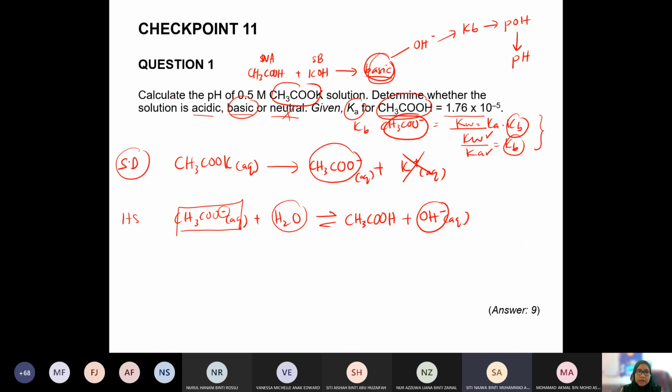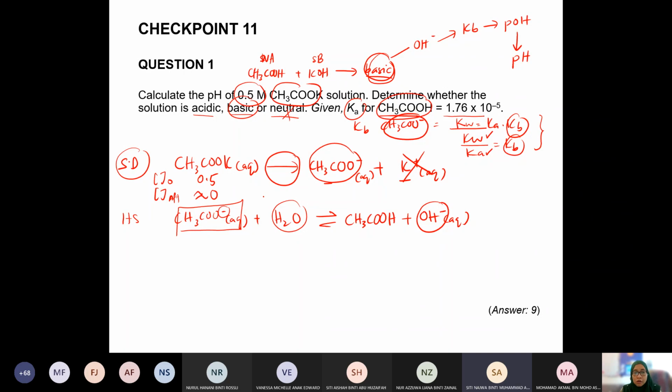Okay, alright, so in the question, it is given that the salt solution is 0.5 molar. That means, initially, the salt solution is 0.5 molar. Since it dissociates fully in water, this is initial, that means before the dissociation. After the dissociation has taken place, this one will be equal to 0.